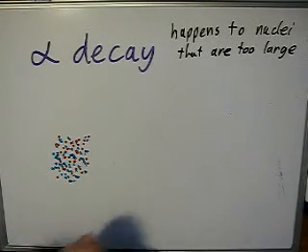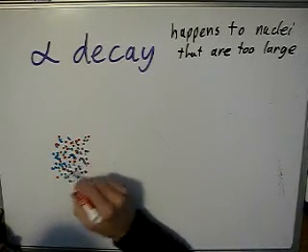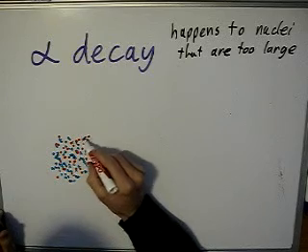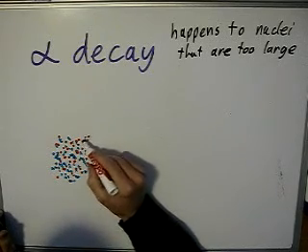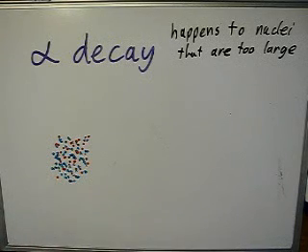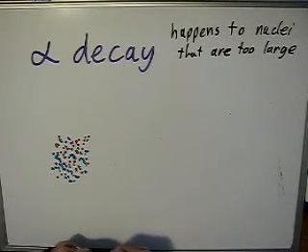If this part gets far enough away from most of the rest of the nucleus, then the repulsion of these protons with the rest of the nucleus might cause it to fly away. And that's exactly what happens in alpha decay.